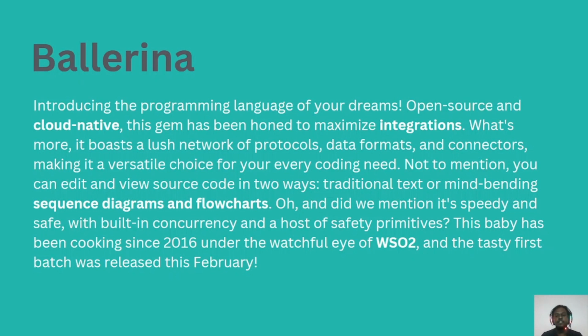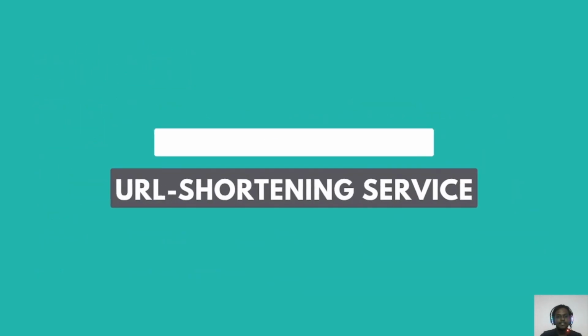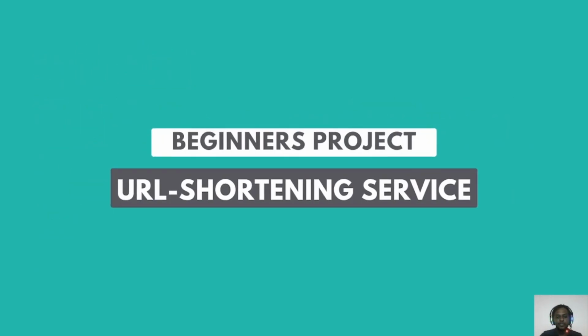What is interesting about Ballerina is it has built-in sequence diagrams and flowcharts. It was created under the watchful eye of WSO2 in 2016. So without further ado, we can go to this beginner project, which is a URL shortening service.